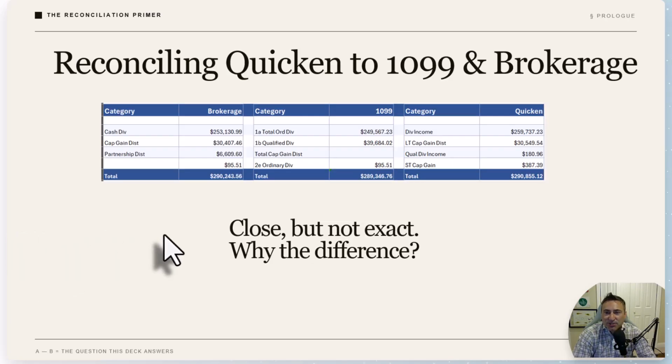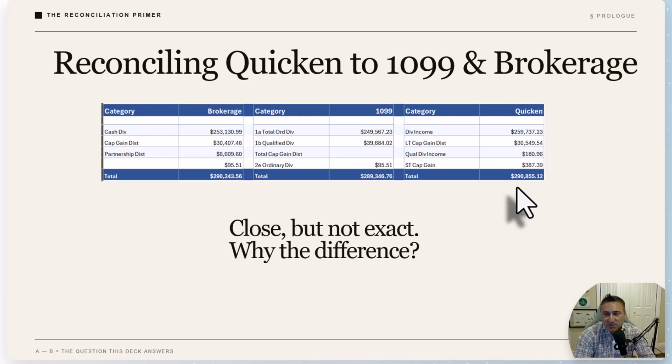Here is the brokerage, here is the 1099, and here's what we have in Quicken. We have the cash dividends, the capital gain distributions, the partnership distributions, then the 1099, and then the Quicken data. You'll notice that the brokerage and Quicken data are very, very close. And we actually got it all the way to reconcile and understood.